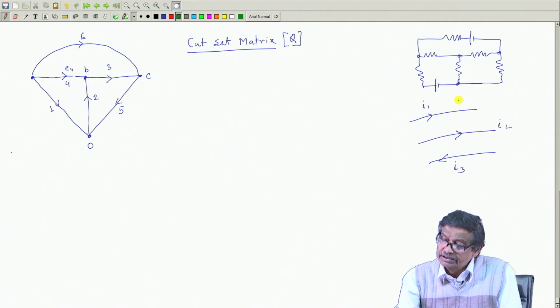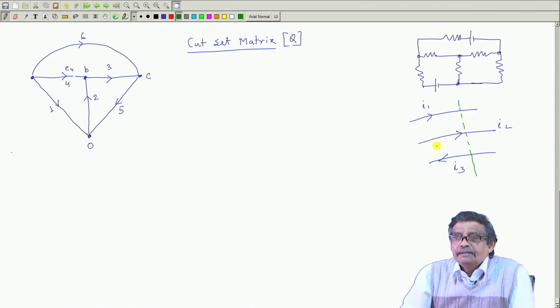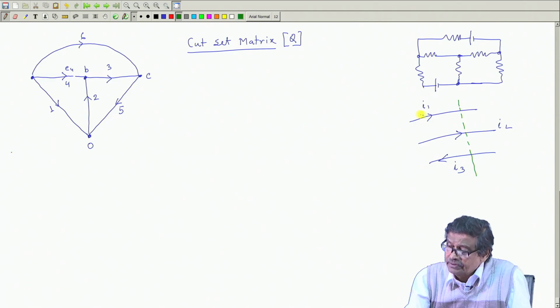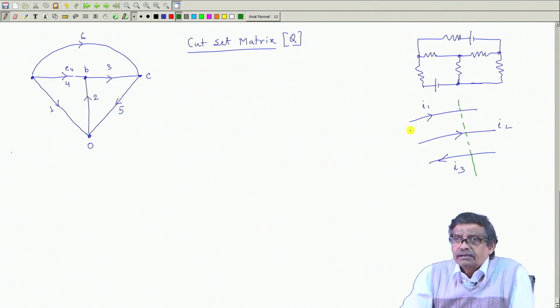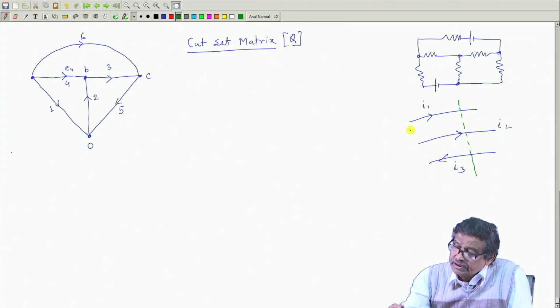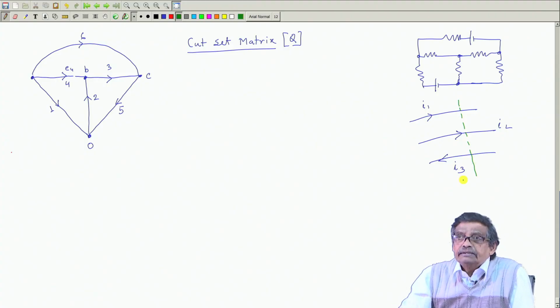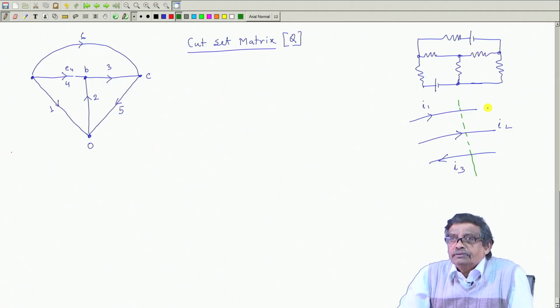Suppose you imagine a line here. Whether they have made a junction or not, I am not sure. But if you can imagine a line here, then the current crossing this line will sum up to 0 once again.